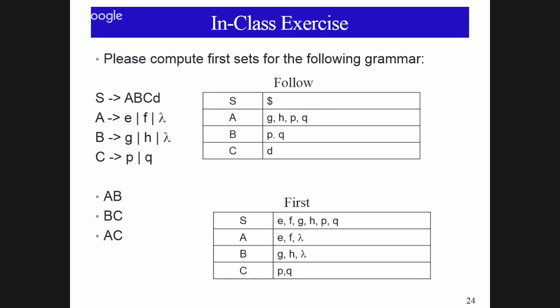If you consider AB, then you have GH following A. If you consider BC, then you have PQ following B. And if you consider AC, then you have PQ following A. So A's follow set is GHPQ. B's follow set is just PQ. C's follow set is D. And then you have the dollar sign. Okay?